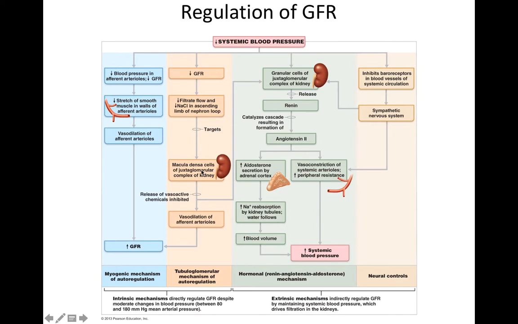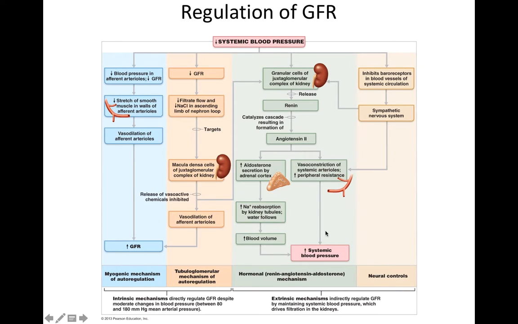Now, as this step is occurring, we are also going to come over here and talk to those granular cells and tell them to release renin if GFR begins to drop and drop, where we start seeing that we're below 80. We're going to activate the renin-angiotensin-aldosterone system. And we're also going to have a sympathetic nervous response that is going to activate the granular cells and vasoconstrict.